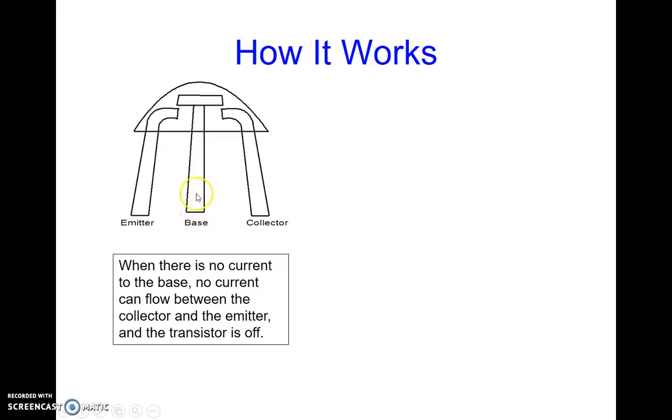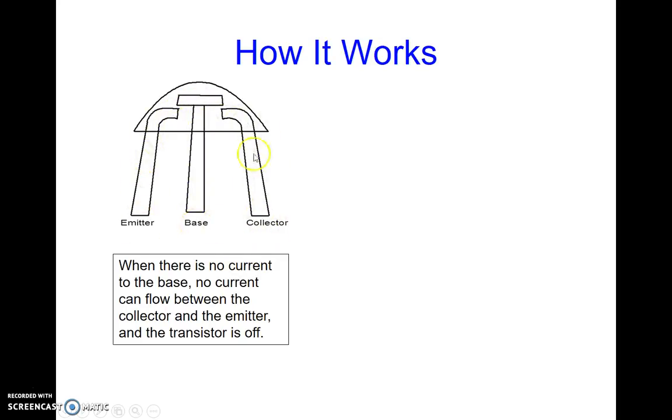So if this wire is not getting any electricity, the switch is basically open so that no electricity can go through it. And hopefully you can see here in this example how, if you think about this as a bridge, there's no way for electricity to get across this way. Okay?